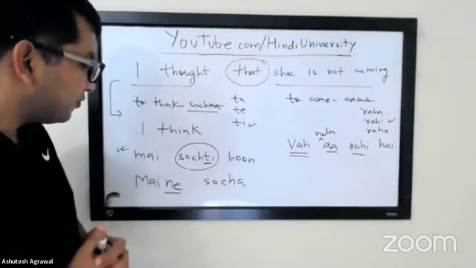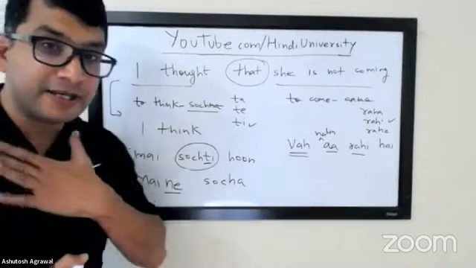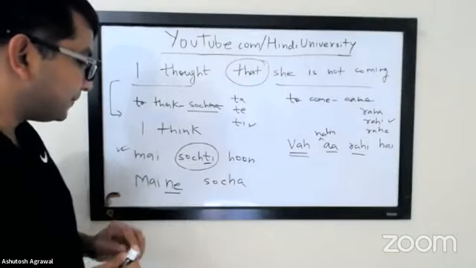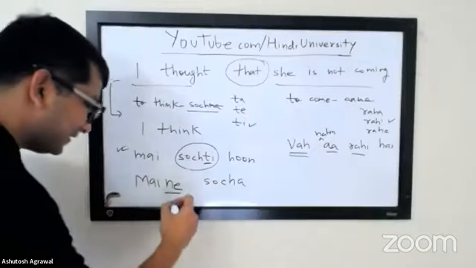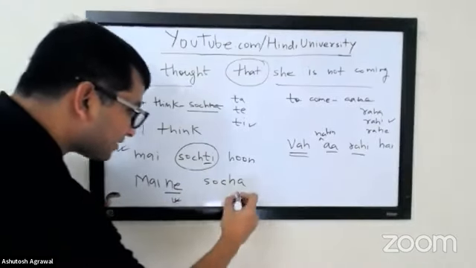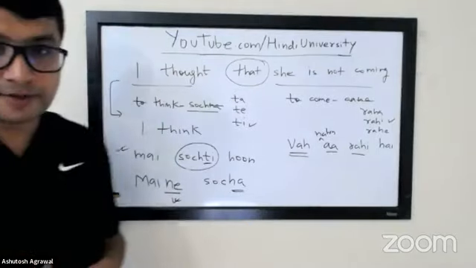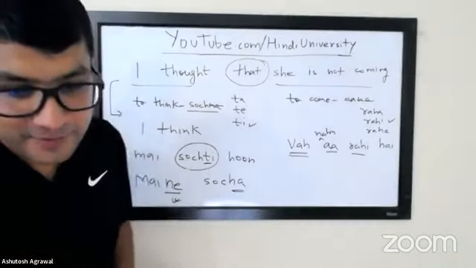If I am saying it versus if Sharon Ji is saying it, will it be the same or different? That's right. So regardless of whoever is saying it, it will be Socha. Maine Socha. Great, awesome. See, you identified it yourself. Great question there.